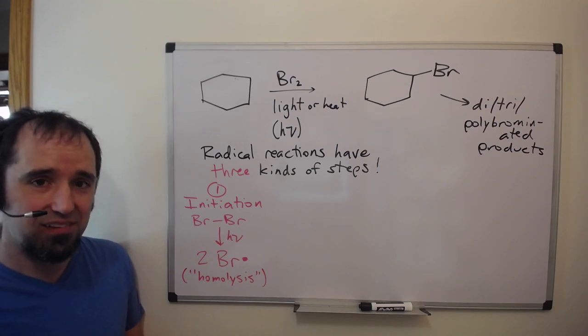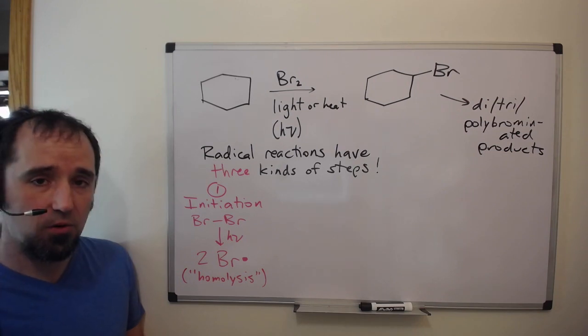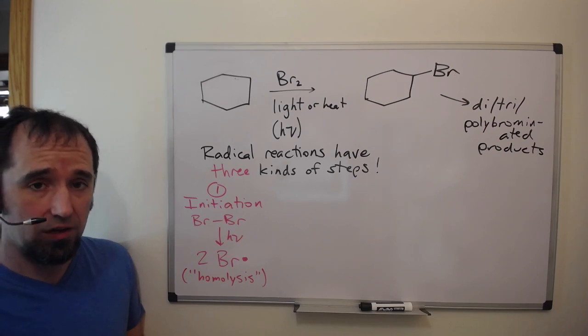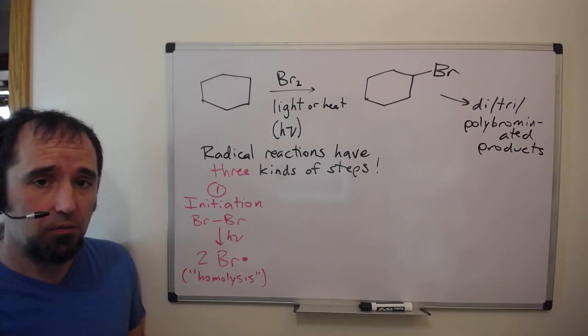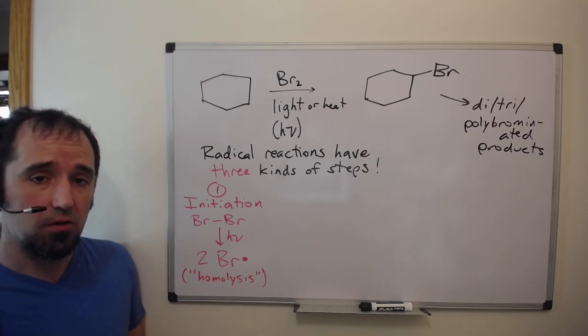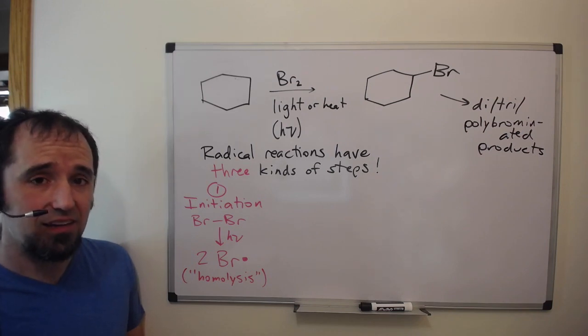The first is an initiation step. Here, in an initiation step, we're starting with no radicals and we're ending up with two radicals, where a radical is something with an unpaired electron. So here I'm taking dibromine, I'm giving it heat or light energy. That bromine-bromine bond is a pretty weak bond, and I'm just breaking it in half.